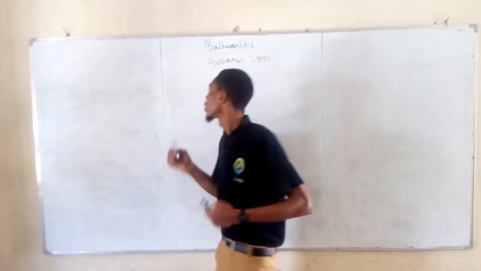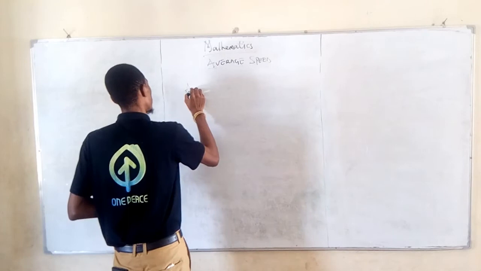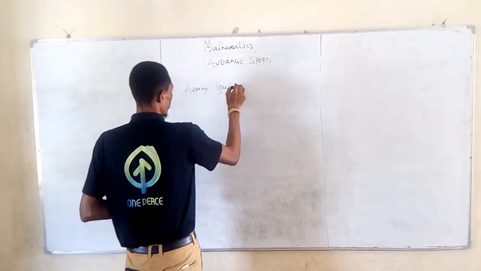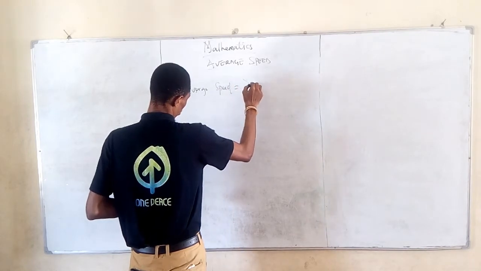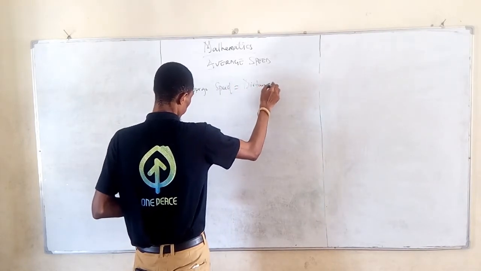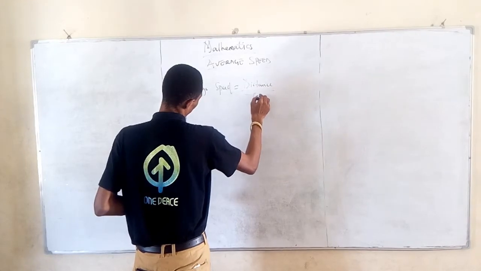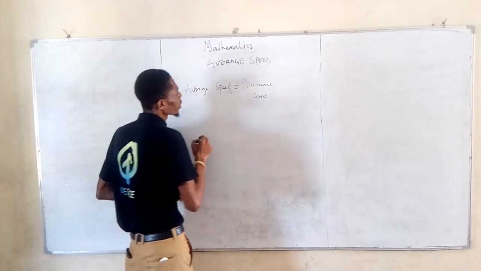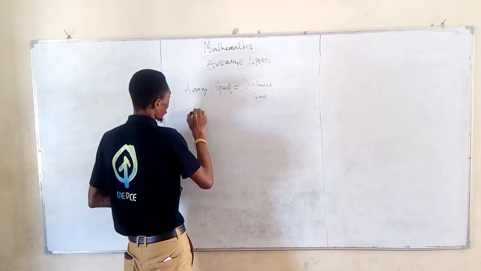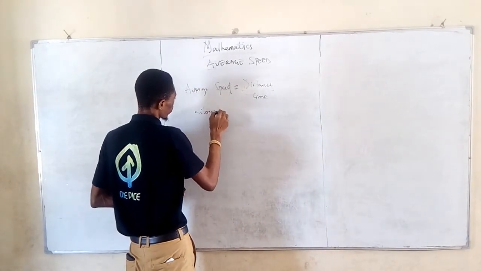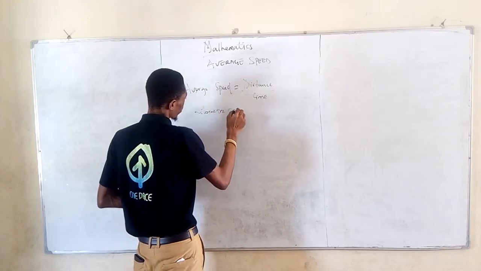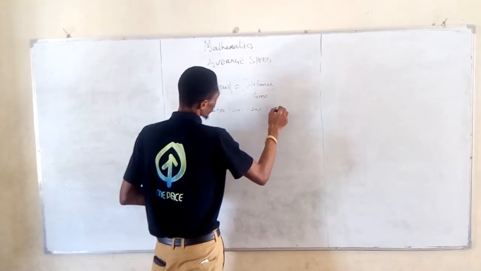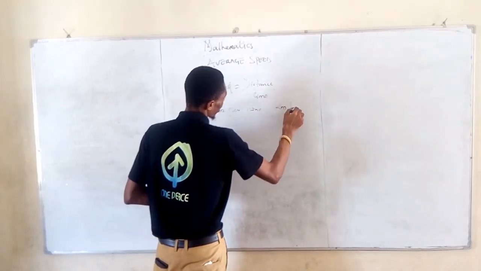Now mathematically, our average speed is equal to distance traveled over time taken for the distance to travel. And our unit for average speed is kilometers per hour, written as km/h in short form.